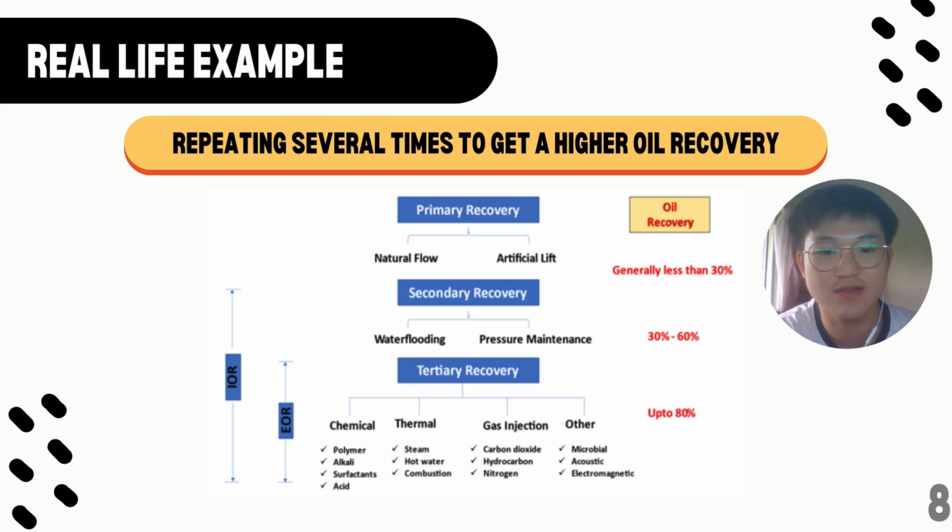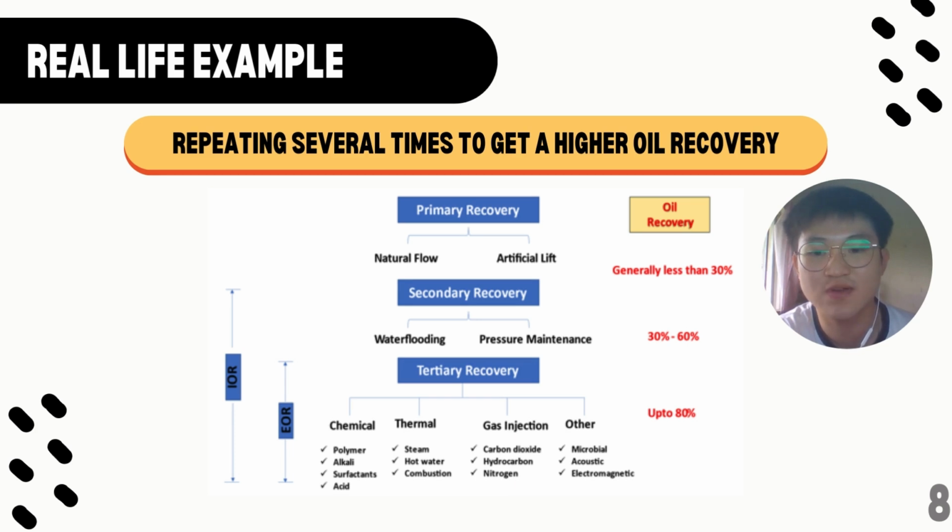This diagram illustrates the three main phases of oil recovery, outlining the methods used and the typical percentage of oil recovered at each stage. Primary recovery utilizes natural flow and artificial lift to recover generally less than 30% of the oil.